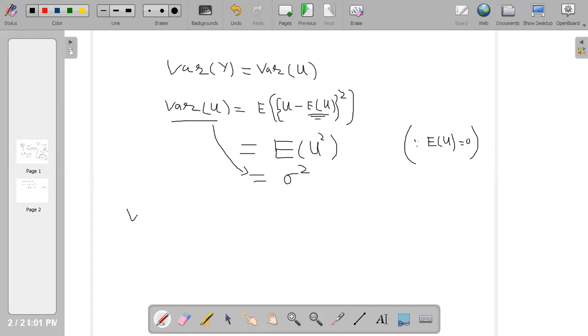Now, on the same lines, the variance of the dependent variable y, using the same definition that you used for the disturbance term u, would be defined like this. It would be y minus expected value of y, this whole square.